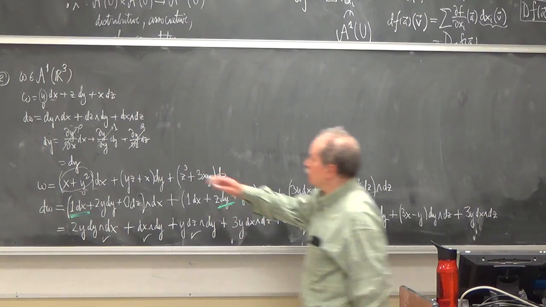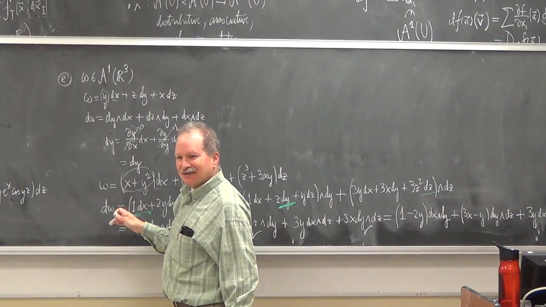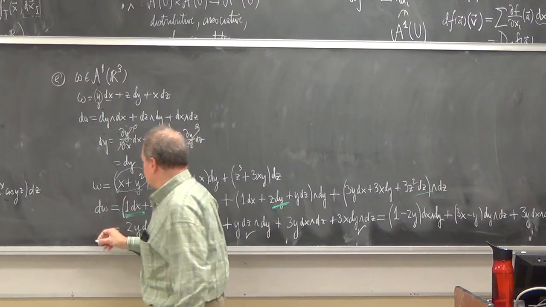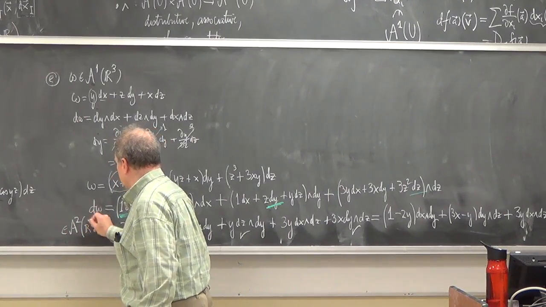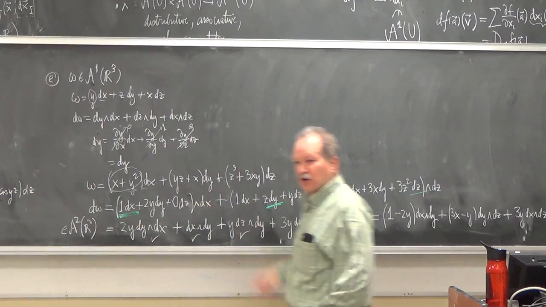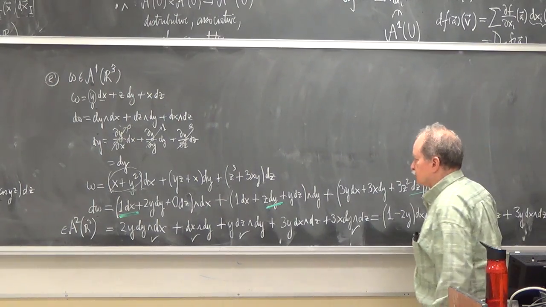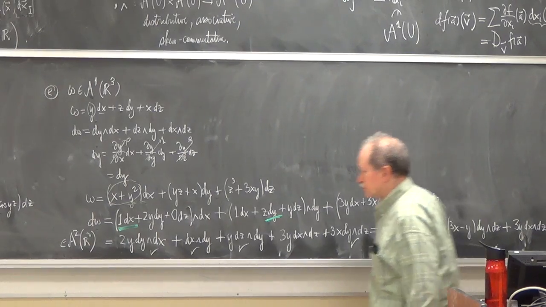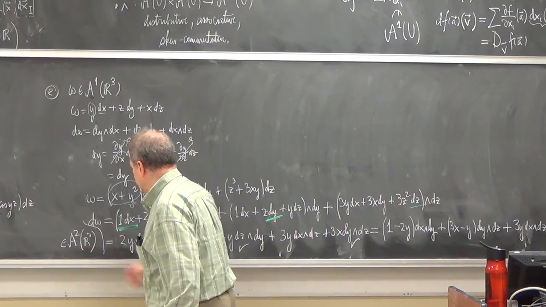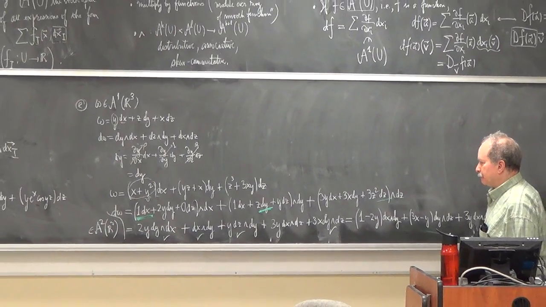Well, that's because we started in A1 and then went to A2. d omega is in A2, so that's why there's 2 things wedged. And when k is bigger than the number of variables, it's 0 because you don't have enough dx's; it would have to be doubled. Yep.